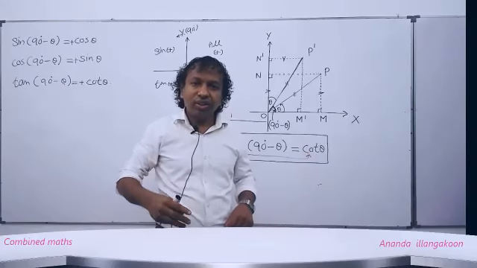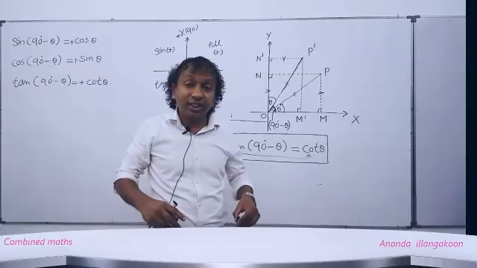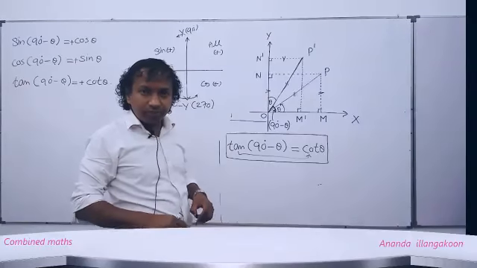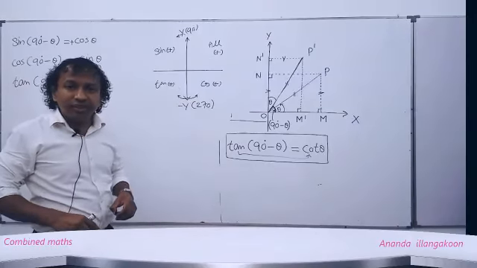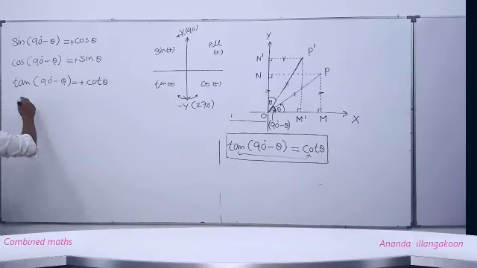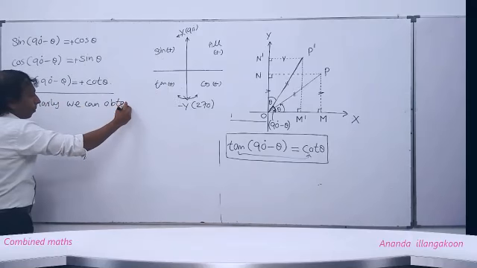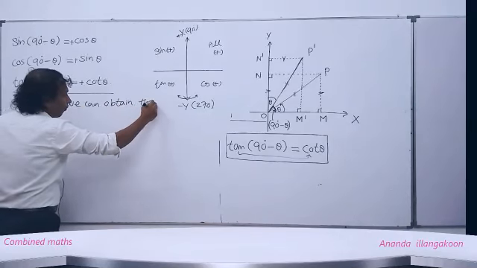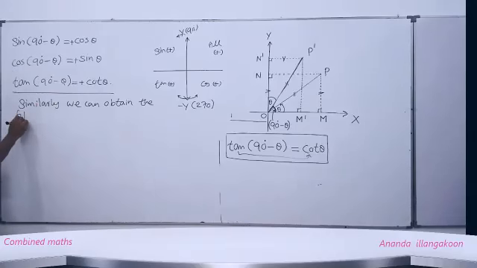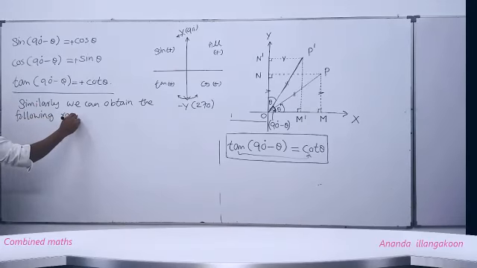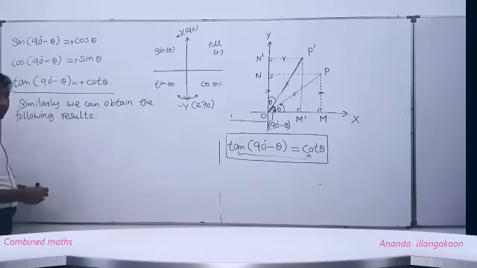For the three angles, we can write another 9 more results. People, can you think that? Yeah, we can write similarly. Write down. Similarly, we can obtain the following results.